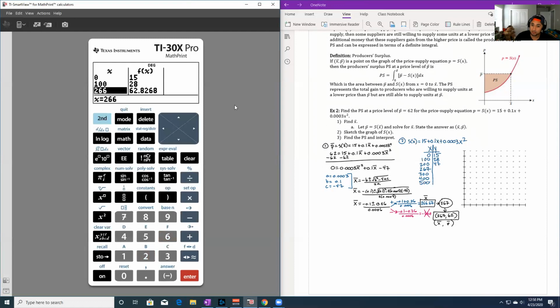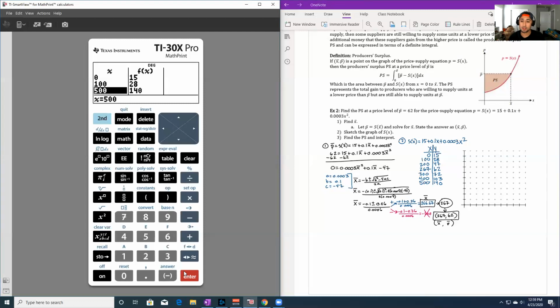So 267 should be around our 62. And then 300, 72, 400, 103, and we can stop at 500. 140. Doesn't look like we're getting anywhere near negative numbers, so we can stop at 500.